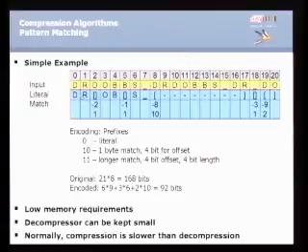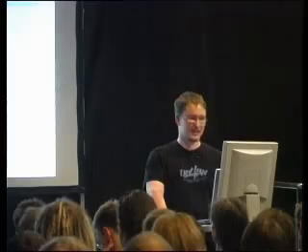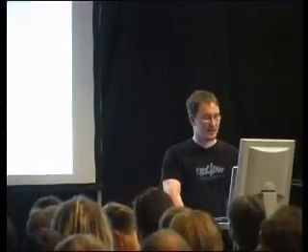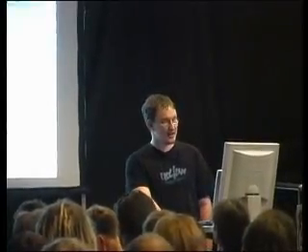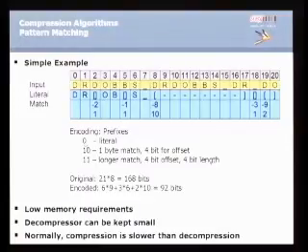You don't store 8 bits for every single character for a literal match, but you prepend it with a 0. So if your decoder sees a 0, it knows the next 8 bits are a literal, which is to be copied from the bit stream of the compressed data. If it sees a 1, it knows it's a match.